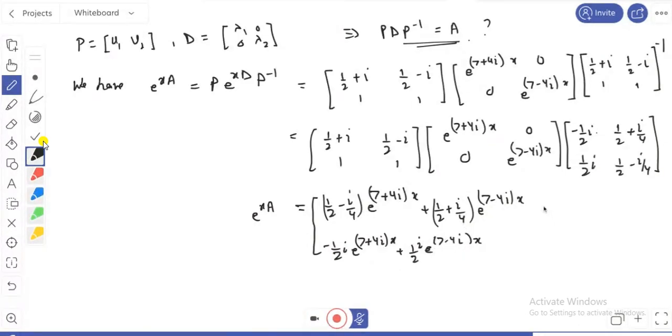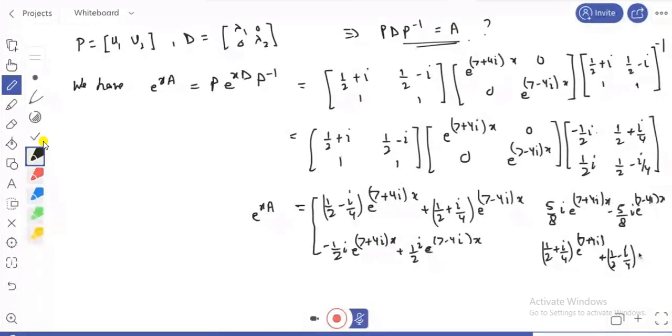The second column is 5 by 8 i e to the power 7 plus 4i x minus 5 by 8 i e to the power 7 minus 4i x, and here half plus i by 4 e to the power 7 plus 4i x and half minus i by 4 e to the power 7 minus 4i x.